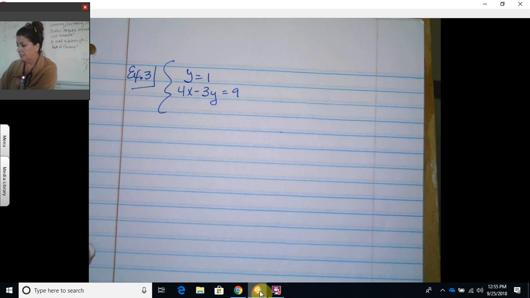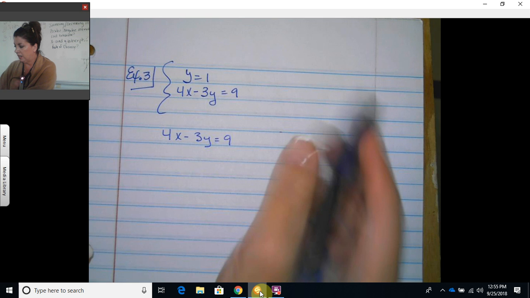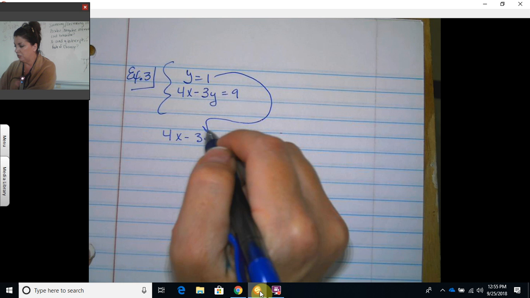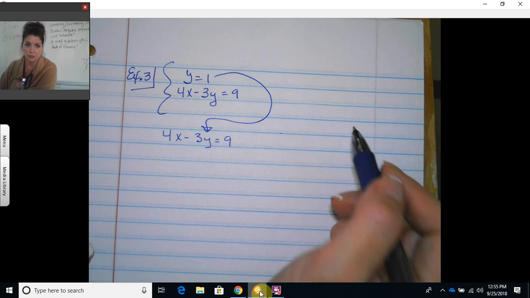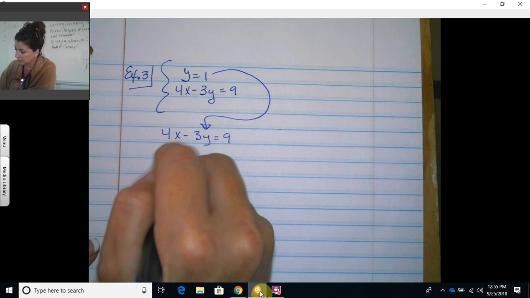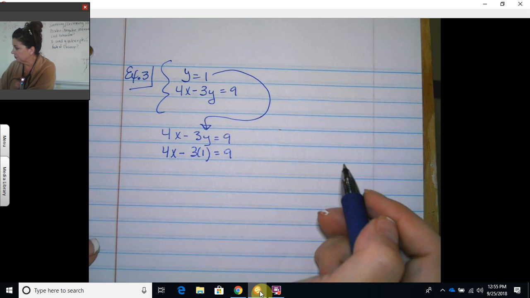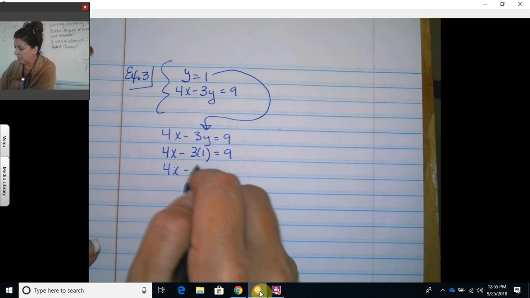Yeah, just substitute it. Take this equation, 4x minus 3y equals 9, and wherever I see a y, substitute in a 1, because I already know what y is equal to. So this one's easier than the others. So that's 4x minus 3 times 1 equals 9, which would be 4x minus 3 equals 9.